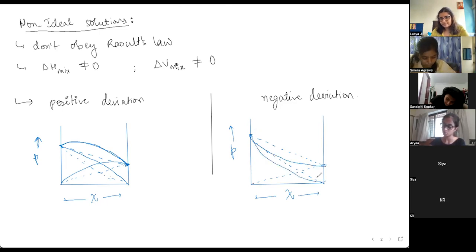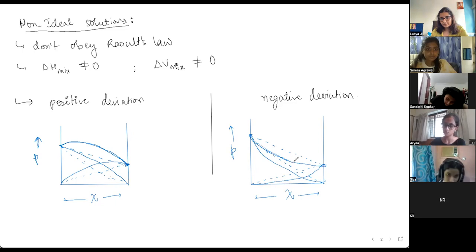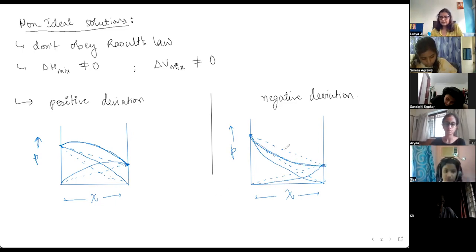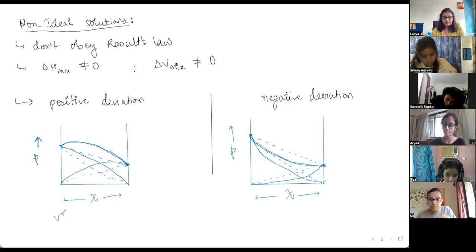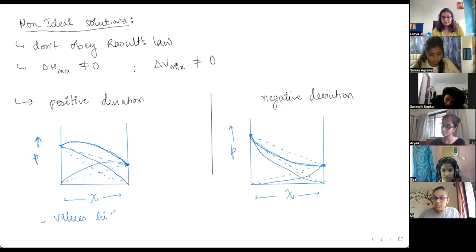These are the kind of graphs that you get. So you can see values higher than predicted in positive deviation, and in negative deviation the vapor pressure values are lower than predicted.